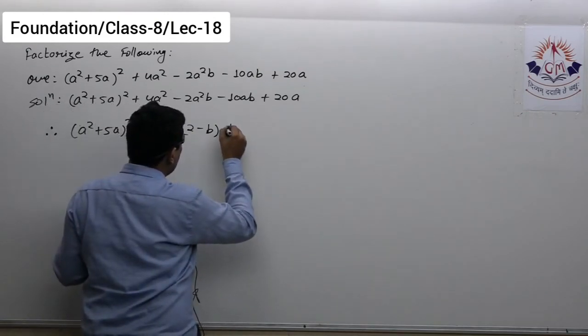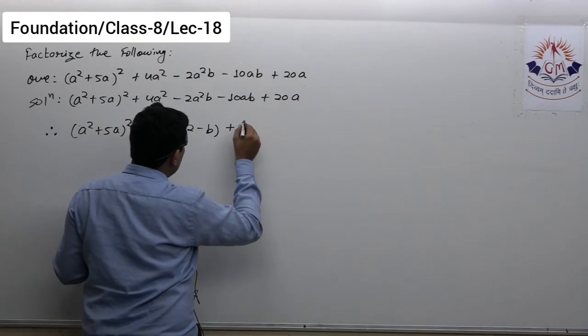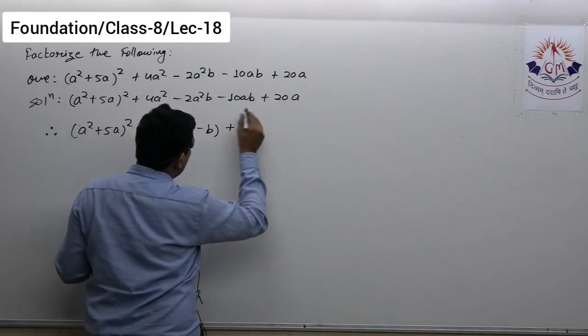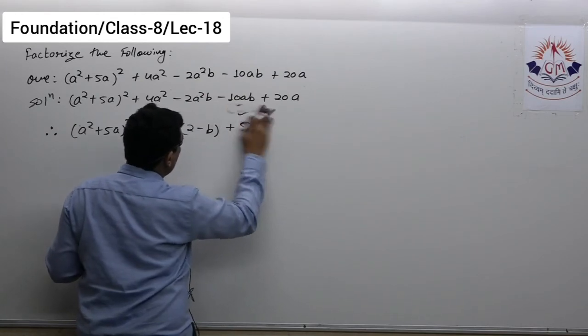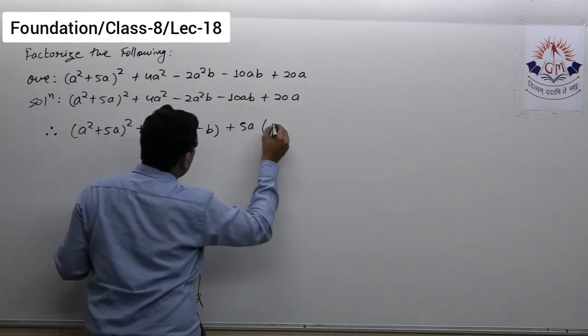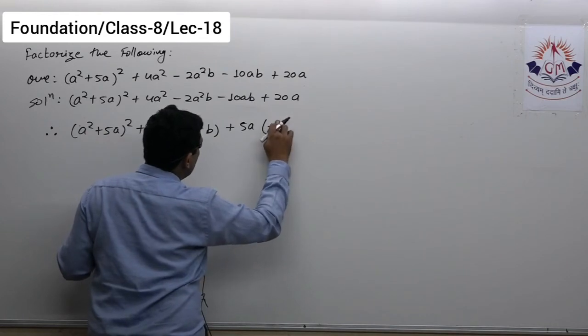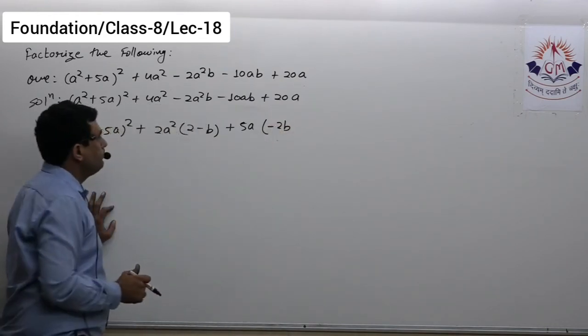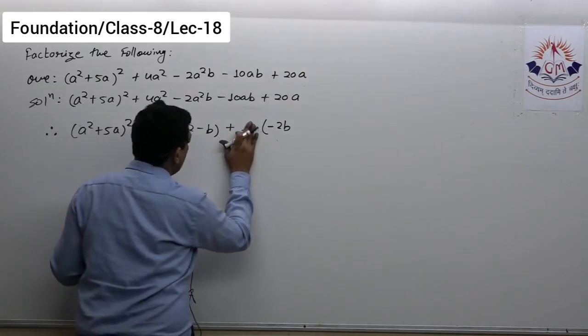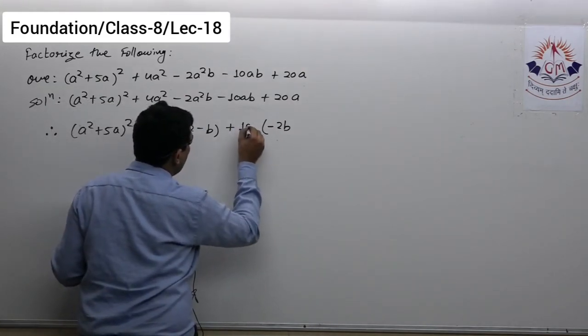And from here, if I take 5a common, isn't it? This is 2 into 5 into a into b, so I can take 5a common. Or better to take 10a common because both have 10a.